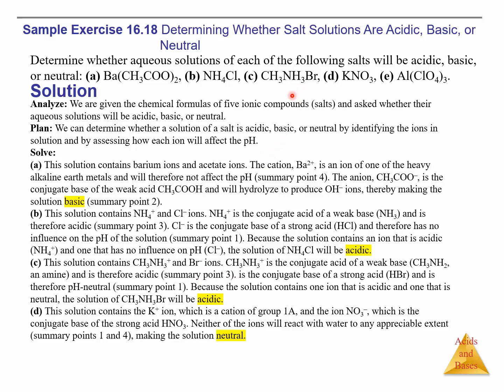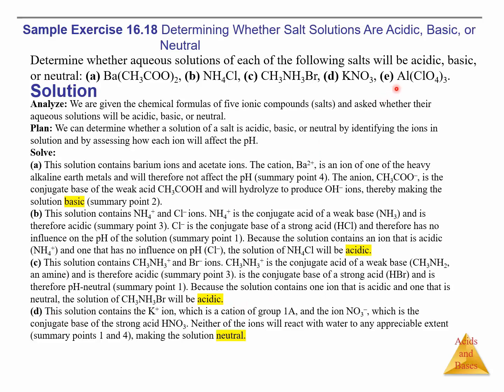In the third example, this solution contains this ion and cation. This is the conjugate acid of a weak base, an amine, and is therefore acidic. And again, Br- is the conjugate base of a strong acid, HBr, and therefore pH neutral. Because the solution contains one ion that is acidic and one that is neutral, the solution will be acidic.